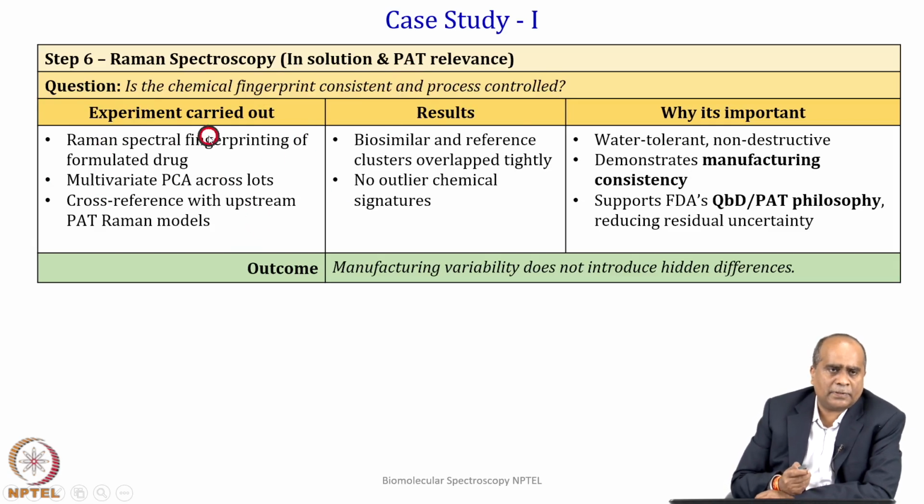So, we take a formulated drug and do the multivariate PCA analysis from lot to lot, and cross reference with upstream PAT Raman can be invoked. It gives you an idea about whether biosimilar and reference clusters overlap tightly. You can do the PC analysis, and you can measure Euclidean distance, Mahalanobis distance, all of these. So, if there is an outlier, you can easily catch it here.